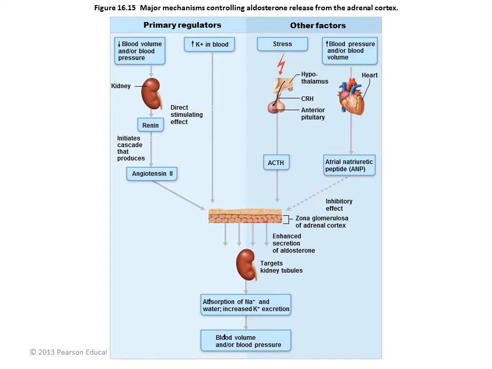ACTH causes a small increase of aldosterone during stress, and also in response to high blood pressure, ANP, the atrial natriuretic peptide secreted by the heart, blocks renin and aldosterone secretion to decrease the blood pressure.